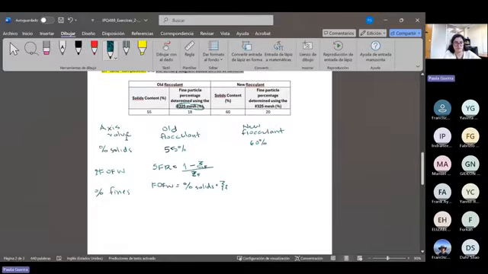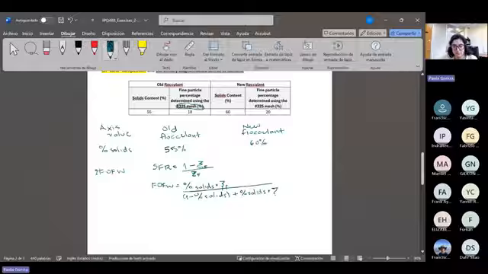So I'm going to erase this a little bit so we can keep calculating here. This is divided by the fraction of water, which would be 1 minus the percentage of solids, plus the percentage of solids times the fines fraction.